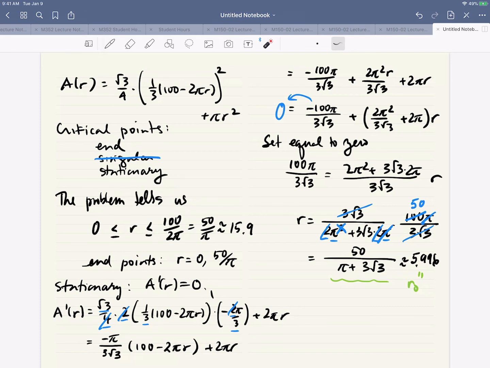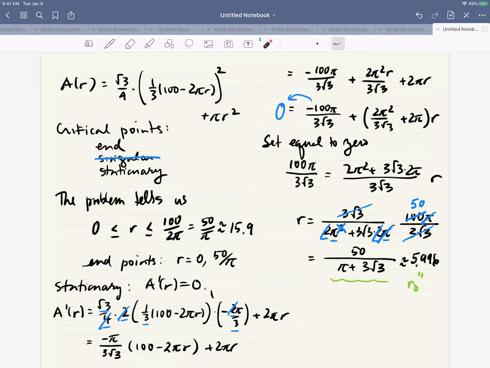So I get minus pi divided by 3 times the square root of 3, times 100 minus 2 times pi times 1.